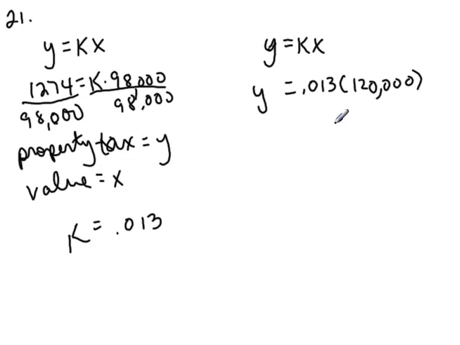So I'm multiplying 0.013 times 120,000, and that gives me y equals 1,560, or $1,560. And so the answer to the question, how much tax is charged on a house worth $120,000, is 1,560 tax is charged.